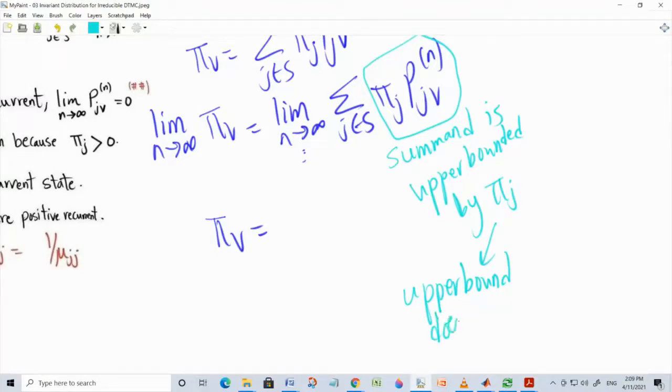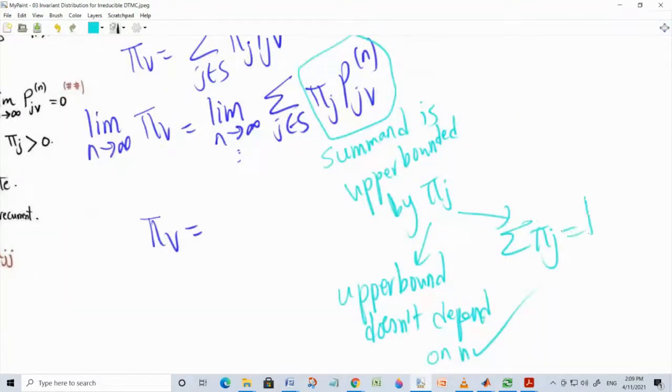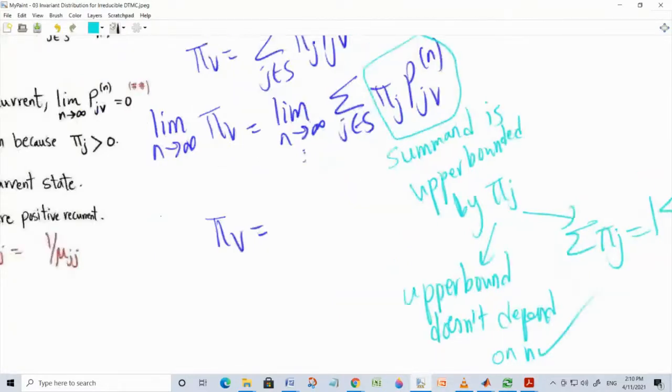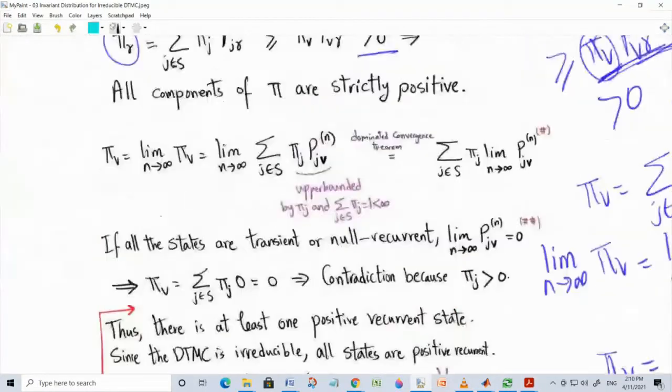So the upper bound doesn't depend on n. That's cool. And the second thing is that the sum of the upper bounds is actually equal to 1, which is a finite number. So by the dominated convergence theorem, we are able to interchange the order of limit and summation. And again, this is needed if the summation has an infinite number of terms, and so we can indeed bring the limit inside. So we can bring the limit inside like this.